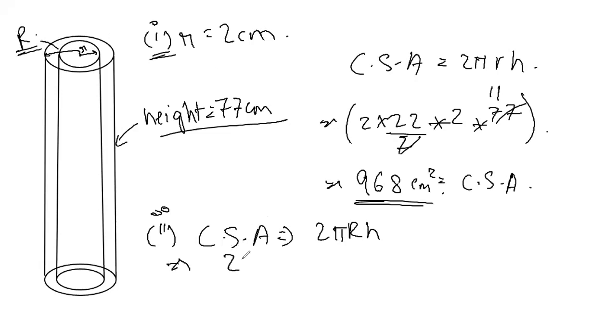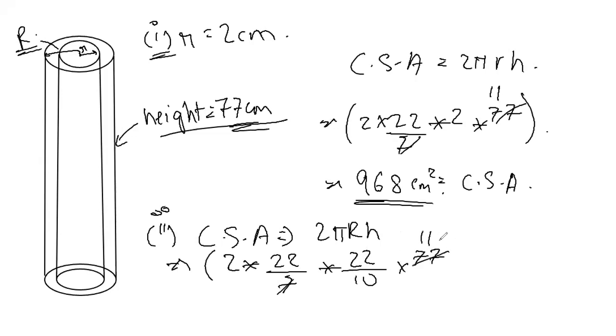So 2 into 22 by 7 into capital R. Capital R's value is 2.2, but for ease of calculation, 2.2 can also be written as 22 by 10. So we'll place this in brackets and into H. H is common, 77 centimeters.